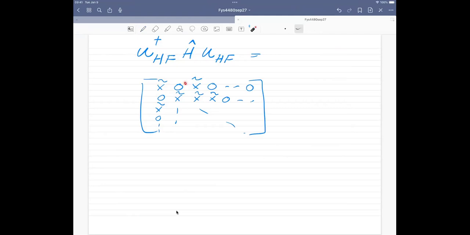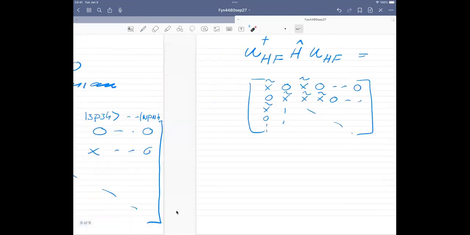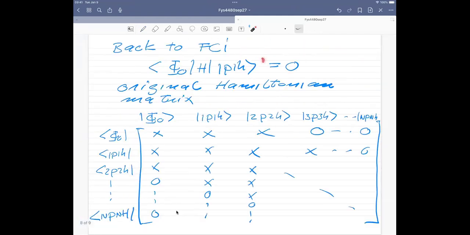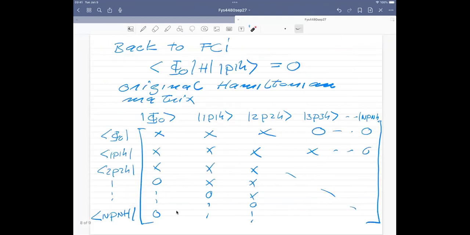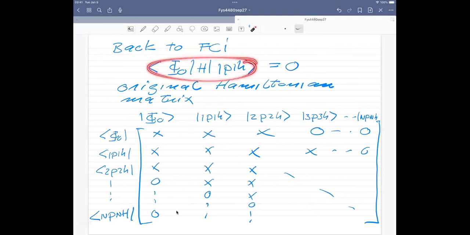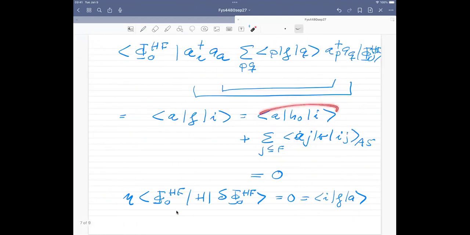Remember that this specific block means that these matrix elements are 0. And this is what we find here if we drive these terms to 0. Because that matrix element, which we have here, is simply given by either this one or that one.